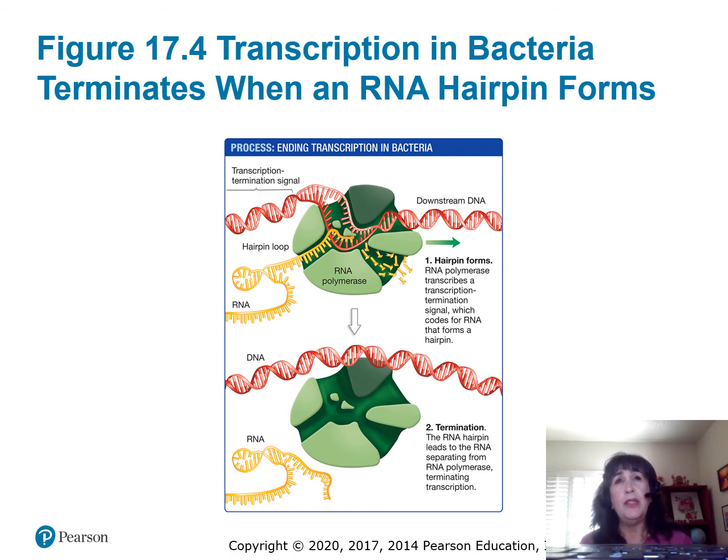In figure 17.4, we can see termination of transcription in bacteria. Here there's the production of messenger RNA, but then it hits the very end and the RNA doubles over on itself in step 2, causing this hairpin structure, and this terminates transcription.